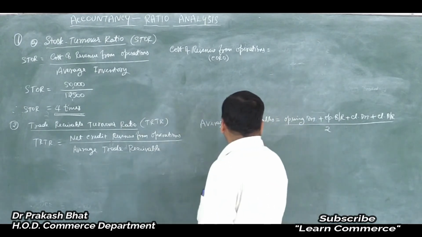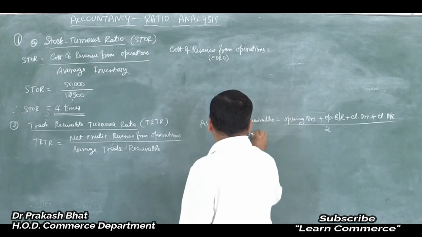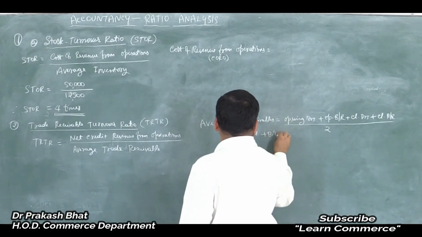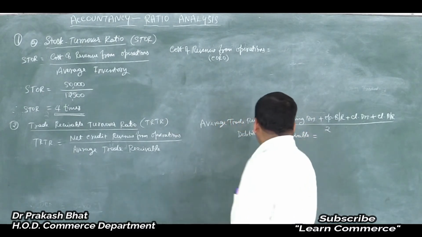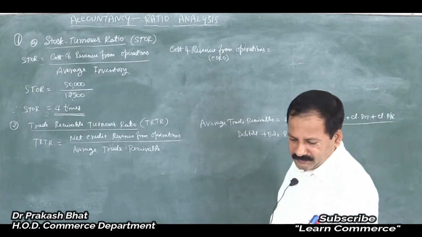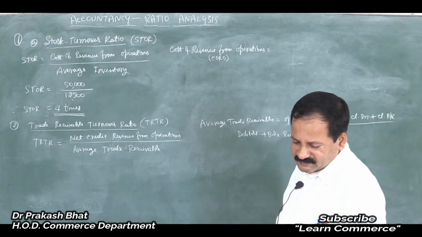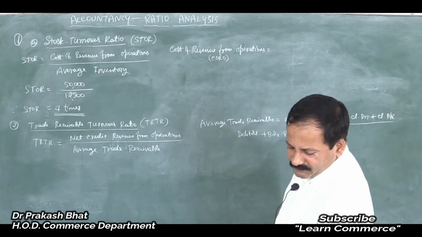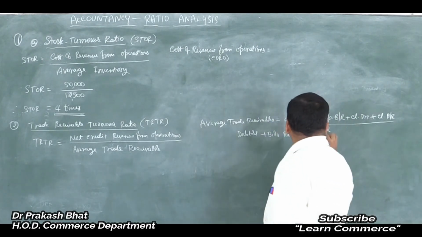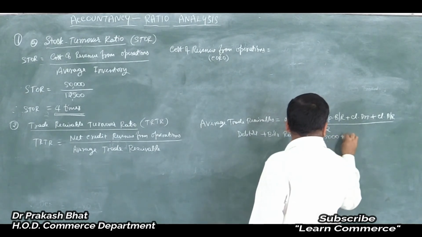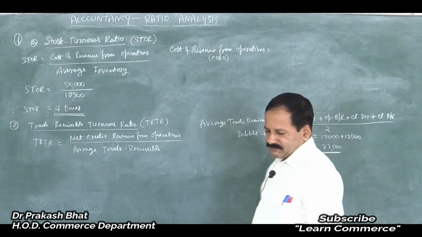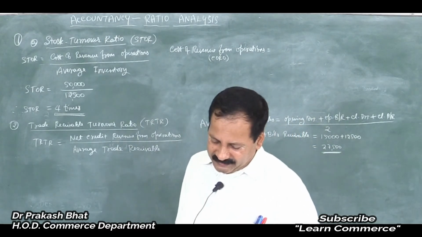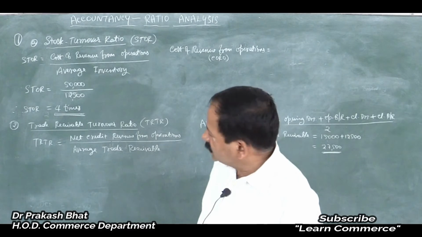So in this problem, debtors plus bills receivable is equal to how much? Sundry debtors 15,000 and bills receivable 12,500, right? Is equal to 27,500, friends. Correct? Yes. So 27,500 is the total of debtors and bills receivable.